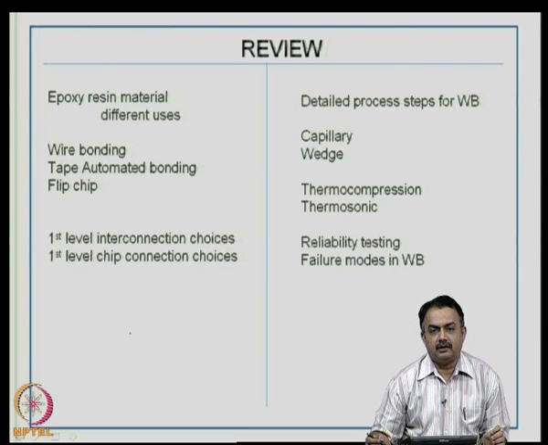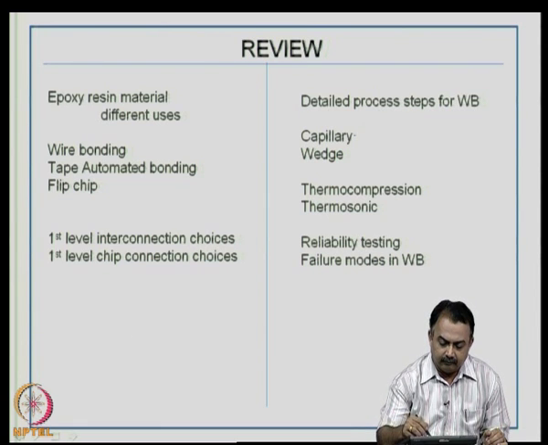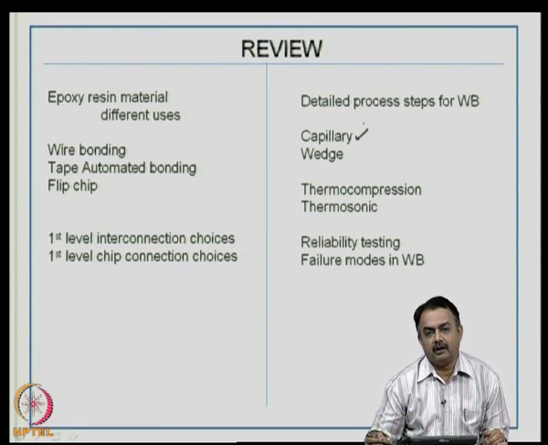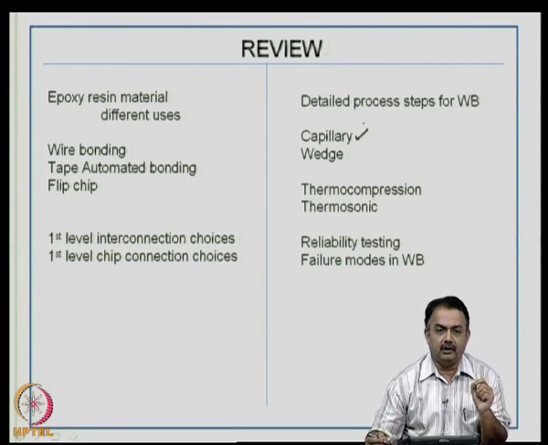In that, we spent some time on two basic tools used in wire bonding. One is known as the capillary tool or capillary method to wire bond a die bond pad from the die onto a substrate. The second one is wedge bonding.